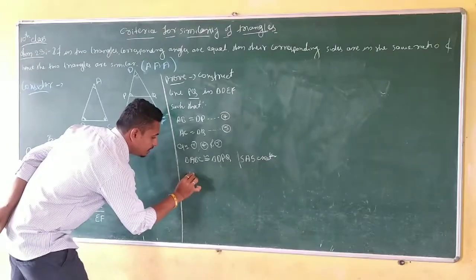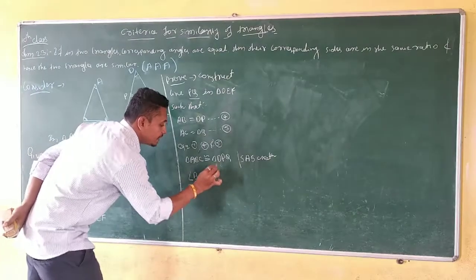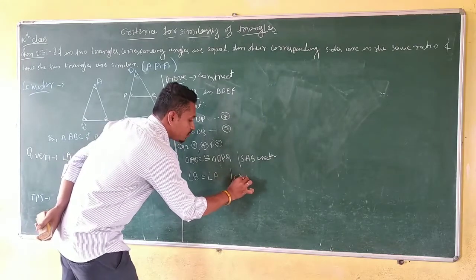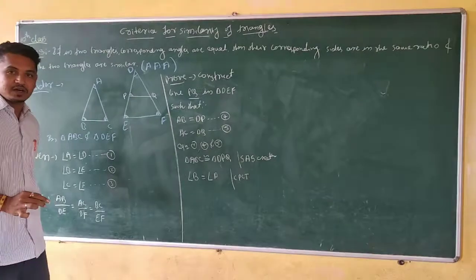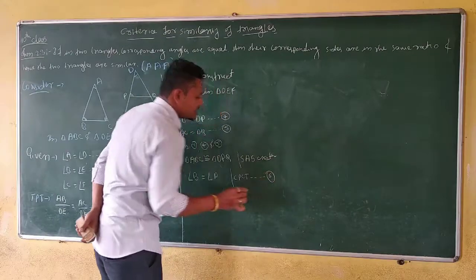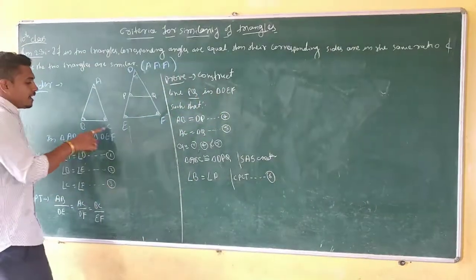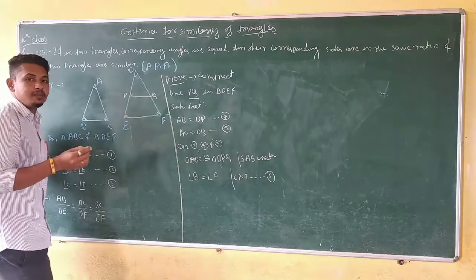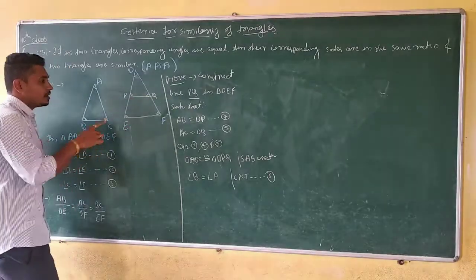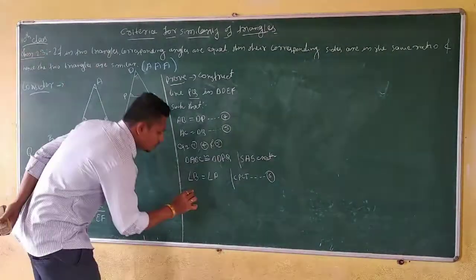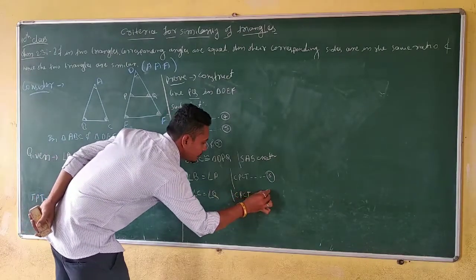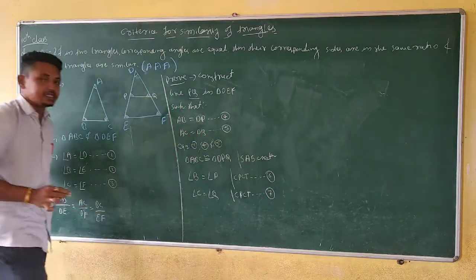You can write here angle B is equal to angle P. Why? Because corresponding parts of congruent triangles are equal. This is equation number 6. Similarly, angle C is equal to angle Q, also by CPCT. This is equation number 7.